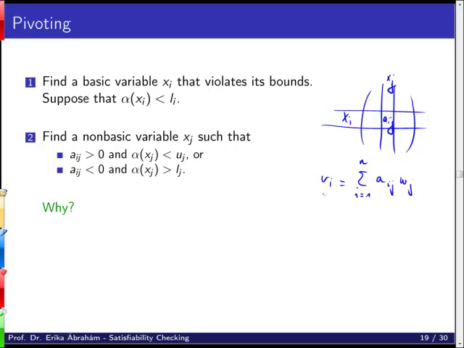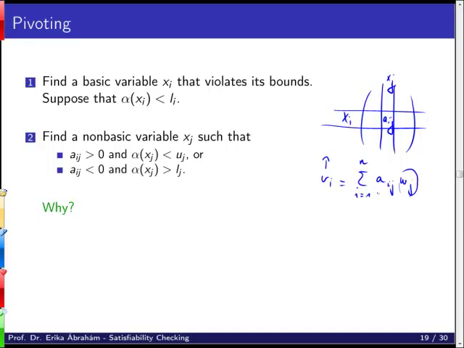And now this variable, the value is too small, so I want to increase it, but none of these variables are suited. That means either their coefficient is positive and they are already at their upper bound, or its coefficient is negative and they are already at their lower bound. Why is it the case that then this equation system is not satisfiable? I can't increase any of the a·w, so I can't increase the whole sum. Exactly.